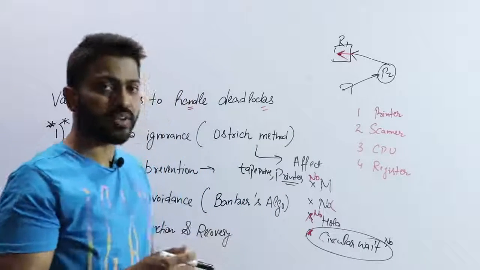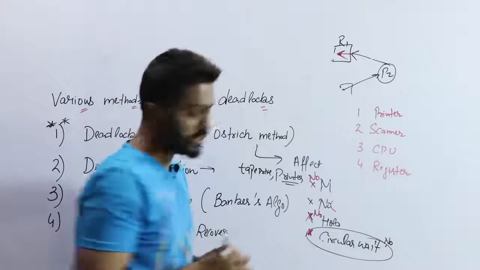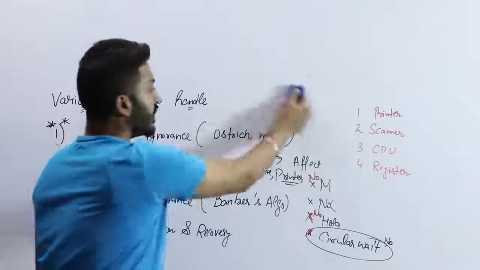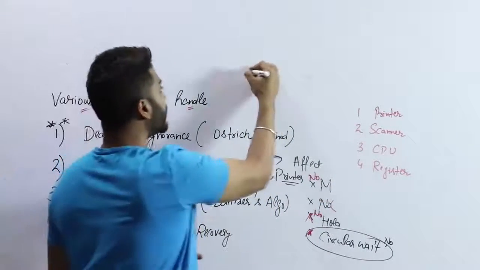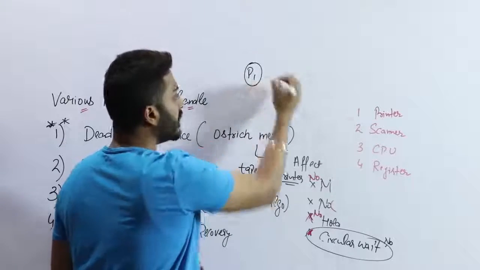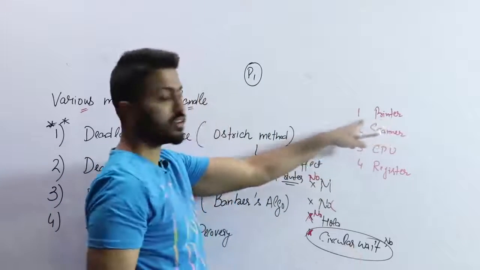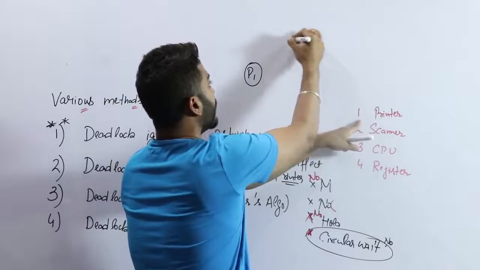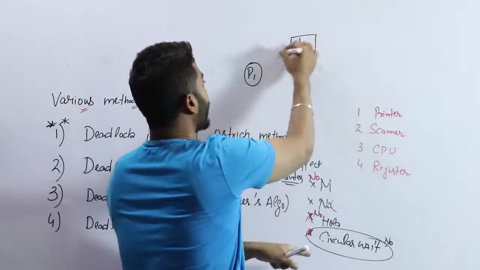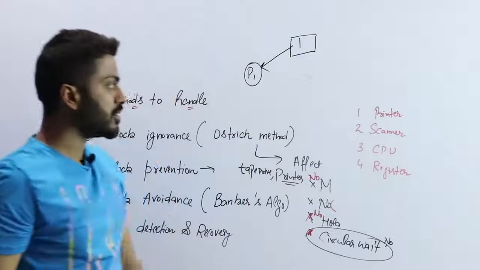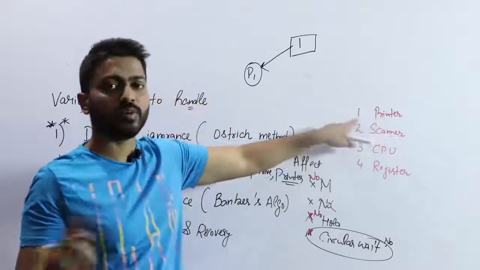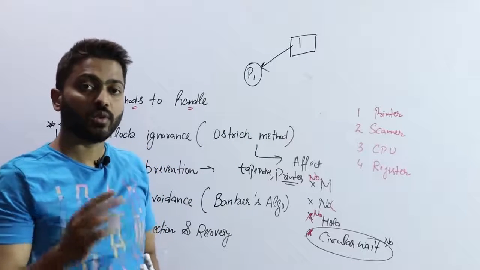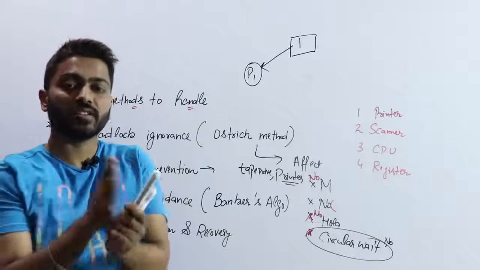Let me make the diagram. Let's say P1 comes and says I need one printer. So printer is resource number 1. It has taken the printer, numbering 1. Now it can request for 2, 3, 4, in increasing order.